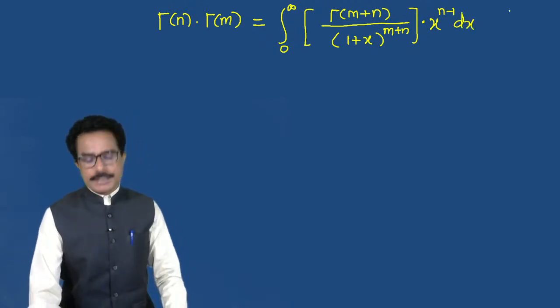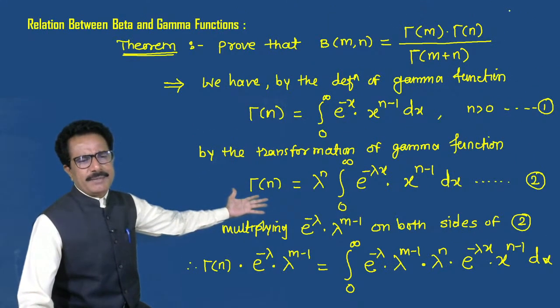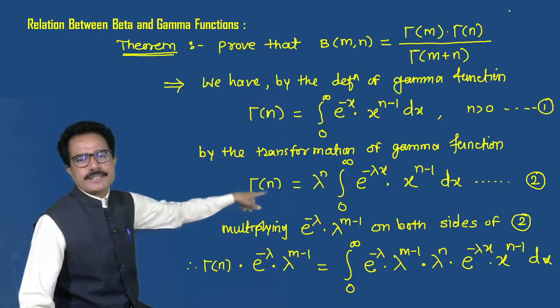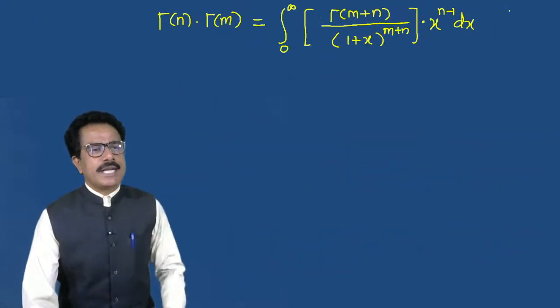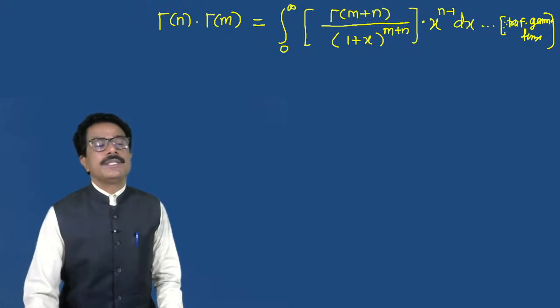This is by using the property, or we can say by using the second arrangement, or by using the transformation of gamma function.